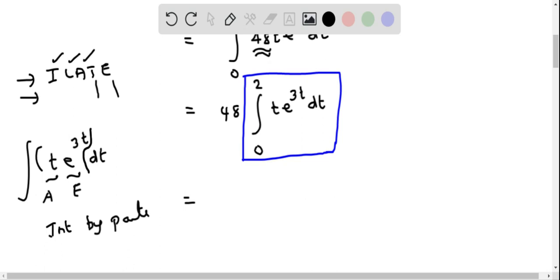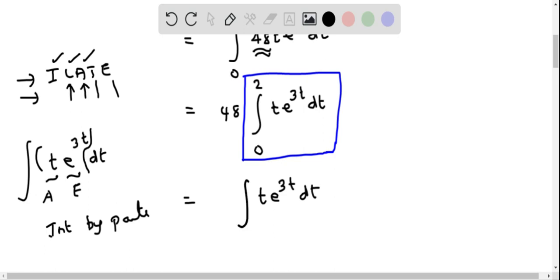We then move on to the next function, that is the logarithmic function. Do we have a logarithmic function? We don't. So then we move on to the next function, which is algebraic. Here we have an algebraic function, that is t, in t e raised to the power of 3t.